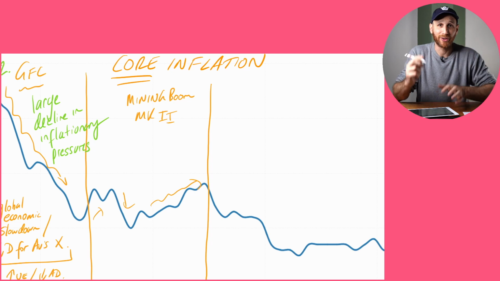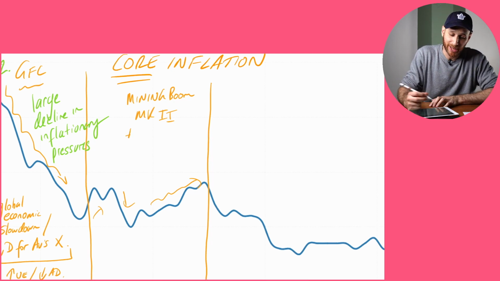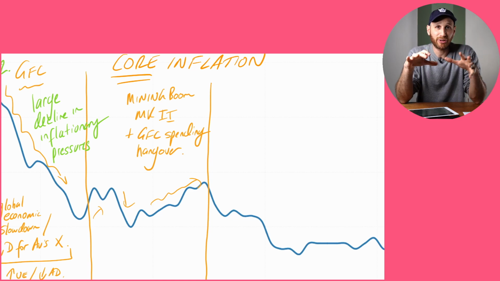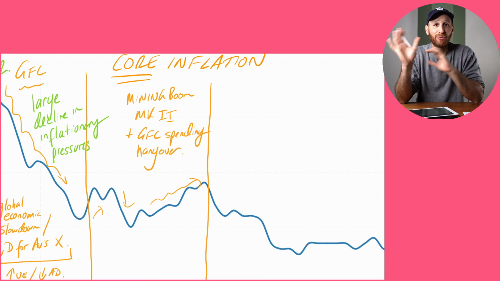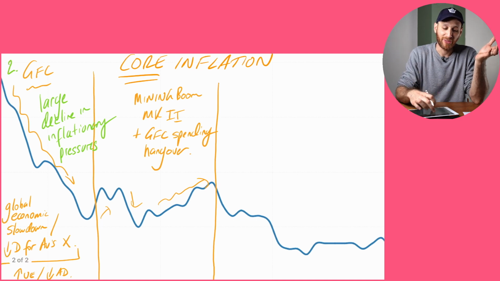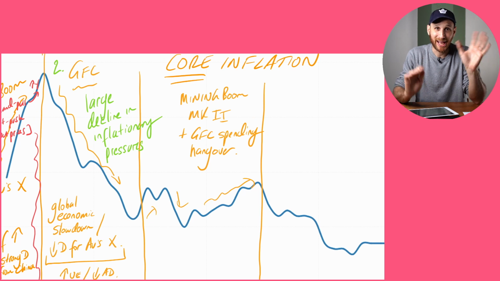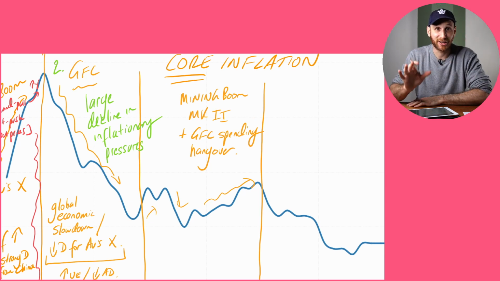there's also something else that's happening here. What I would also say, plus, is the GFC spending hangover. What I mean by that is that during the financial crisis, the Rudd government spent a lot of money to try and keep us out of recession, and the impact of that didn't just stop at the end of the financial crisis, it continued.